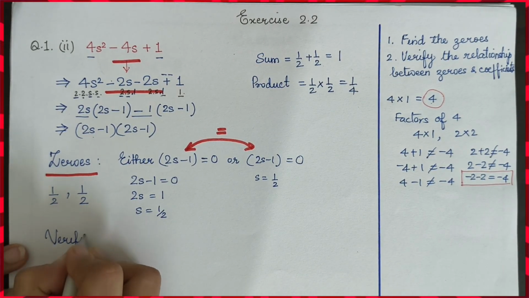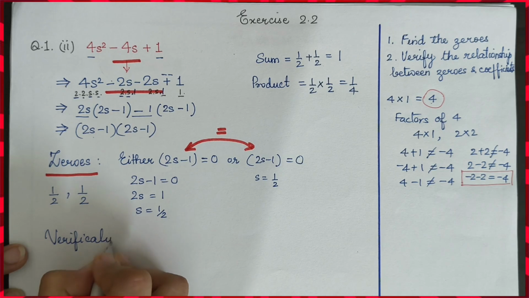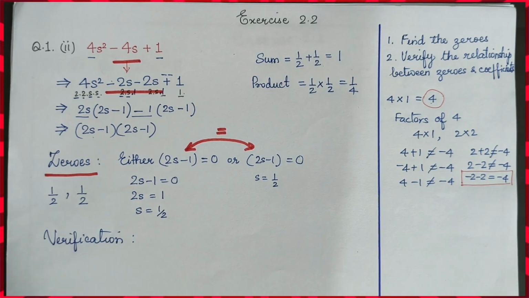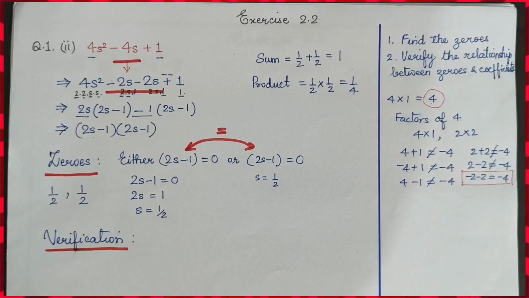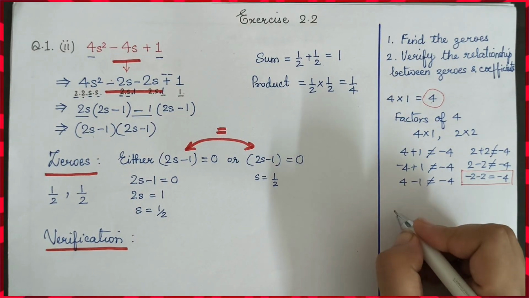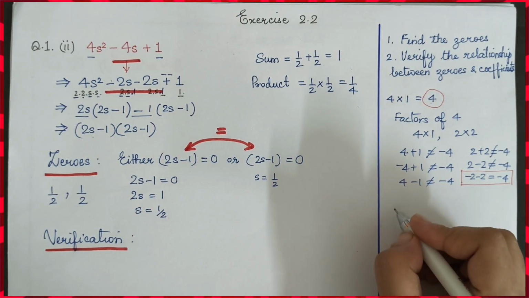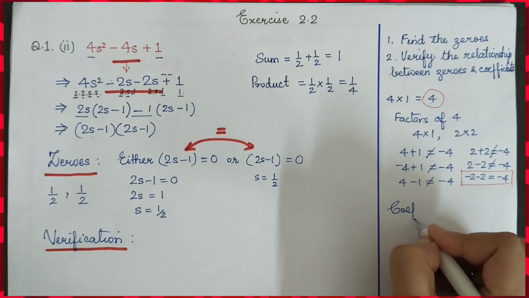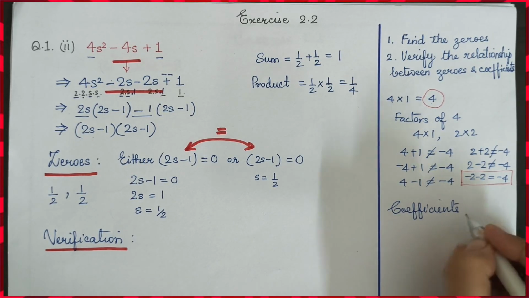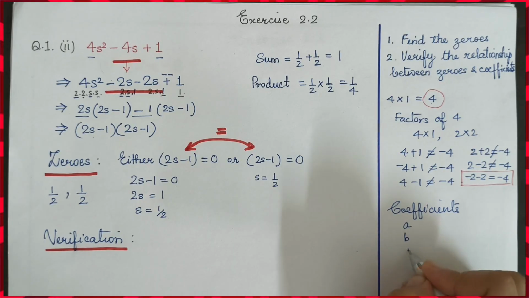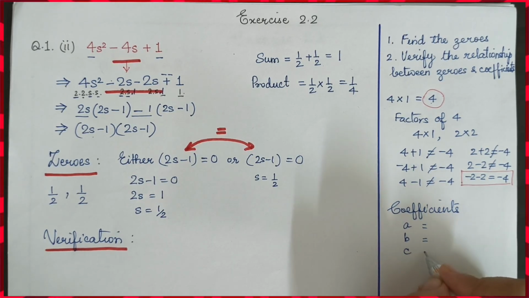Now the second part of the question was verification. For verification of the relationship between zeros and coefficients, we will use the formulas that are given for sum and product using coefficients. So we know that the coefficients in this case are a, b and c.